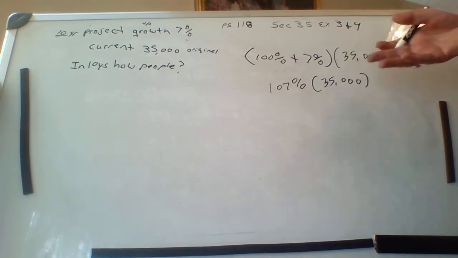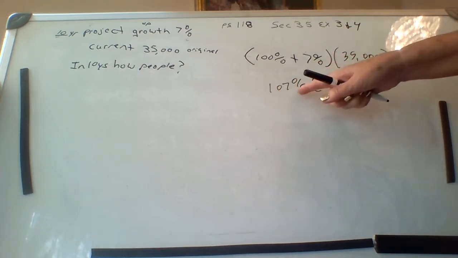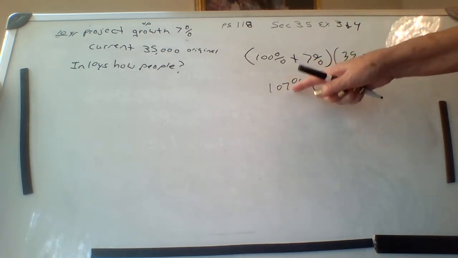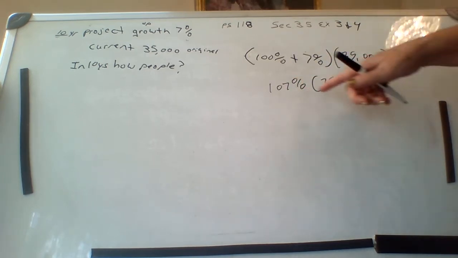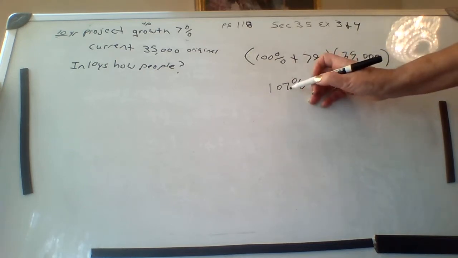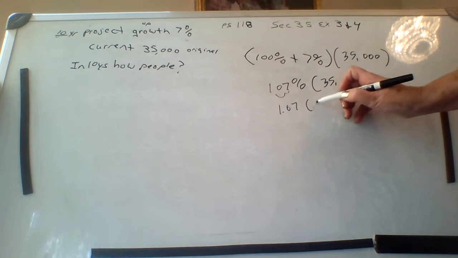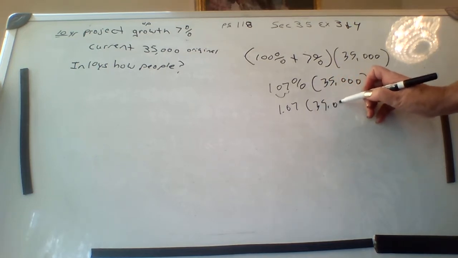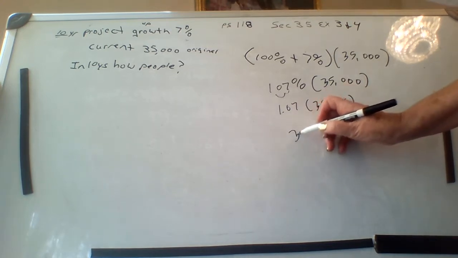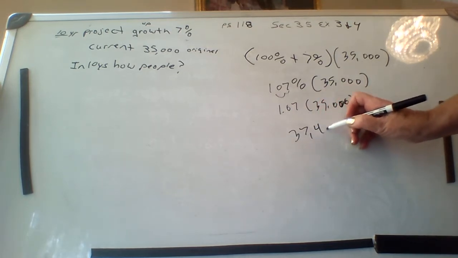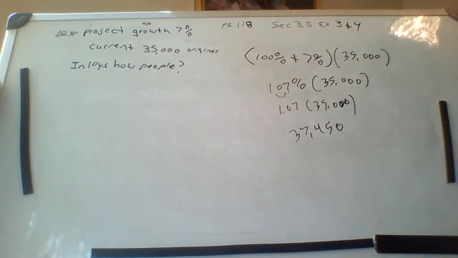All right, you can multiply that out on your calculator now. If you have a percent sign, you could put in 107% of 35,000 if you have one of those nice fancy calculators. If you don't, drop your percent, move your decimal over, and you get 1.07, and then take that times 35,000. If you have just the basic calculator, you're going to get 37,450.